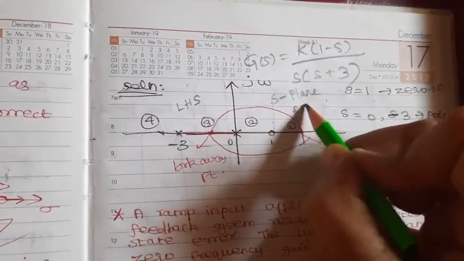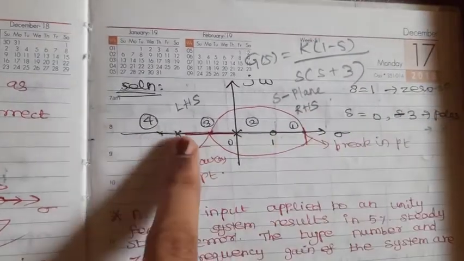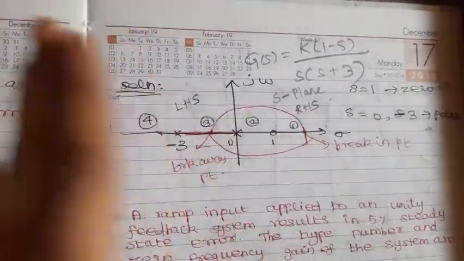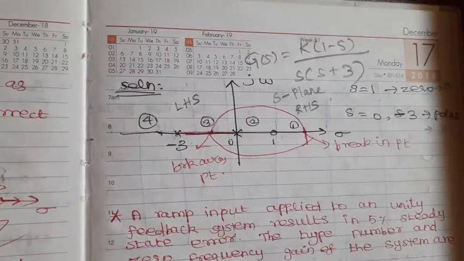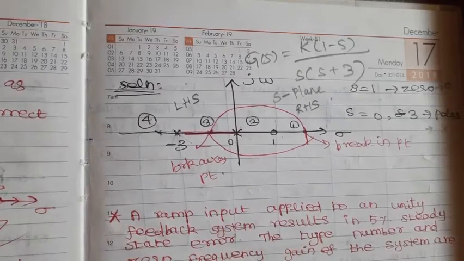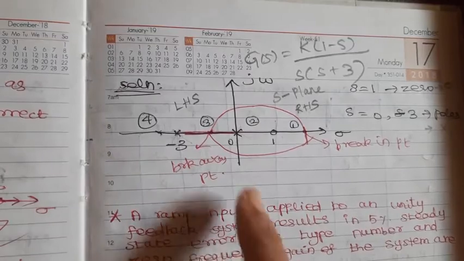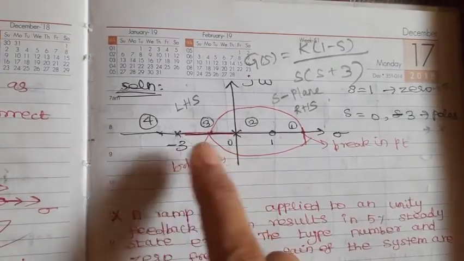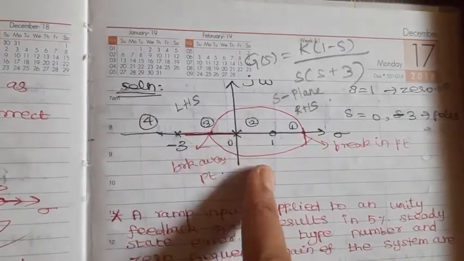This is the left half of the s plane, this is the right half. We need to take only the left half of the s plane, because that is the stable system. When it goes to the right half of s, the system becomes unstable. So whenever we plot the root locus diagram, we need to take only the left half of the s plane. See what the procedure is from this.